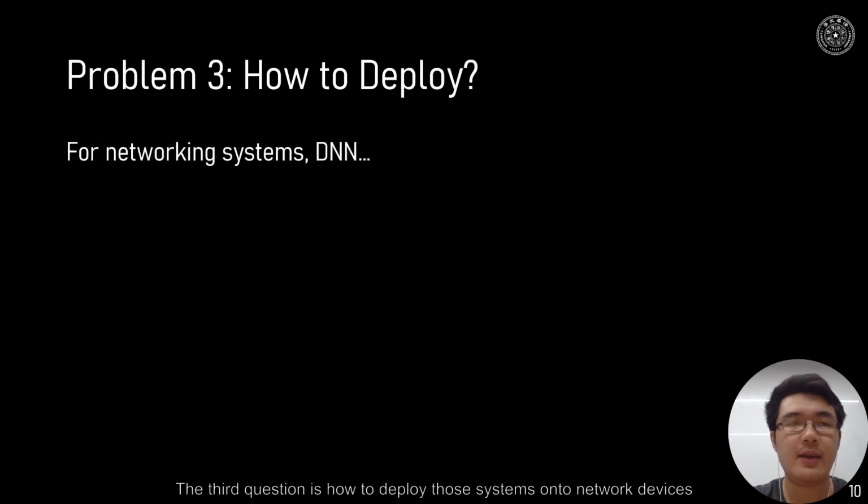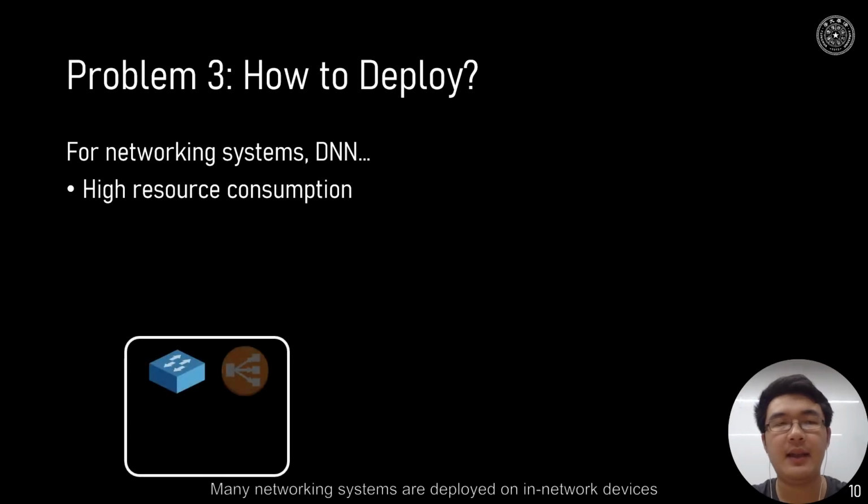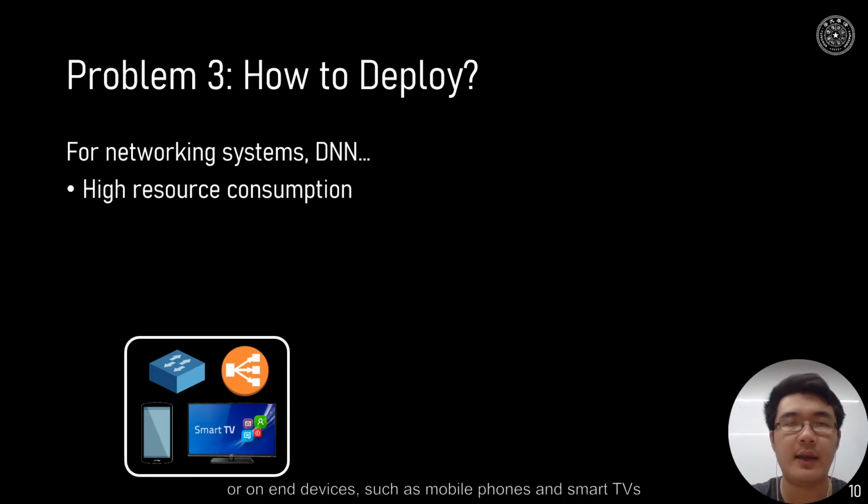The third question is how to deploy those systems onto network devices. The first barrier is the resource consumption of neural networks, and specifically the resource consumption at the inference stage. Many networking systems are deployed on in-network devices, such as switches and middle boxes, or on end devices such as mobile phones and smart TVs, and many of those devices are resource limited.